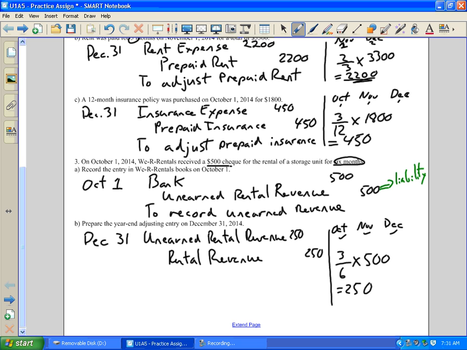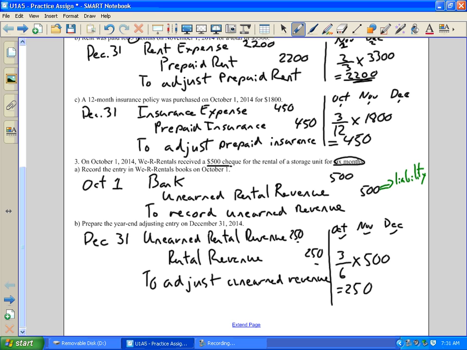So a debit to unearned rental revenue for 250 and a credit to rental revenue for 250. And our description would be to adjust unearned revenue. Okay, those are the 3 questions for the adjusting entries in activity 5.